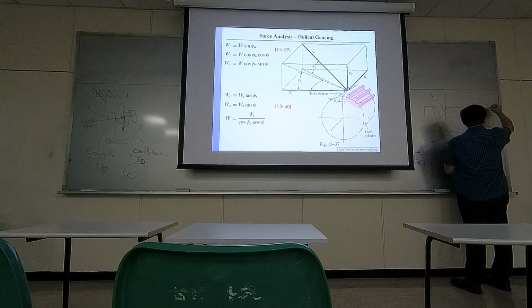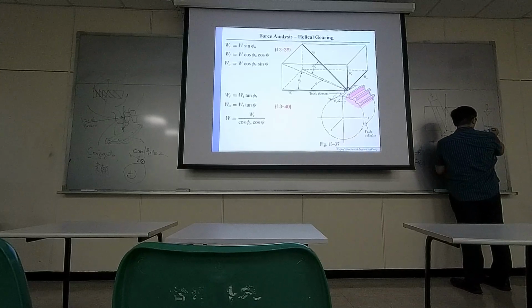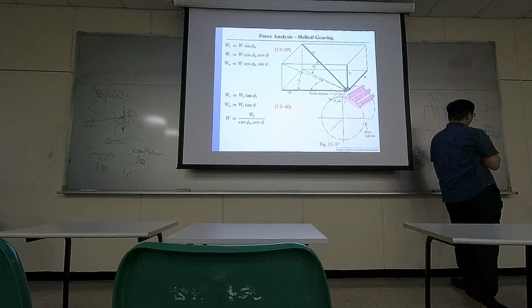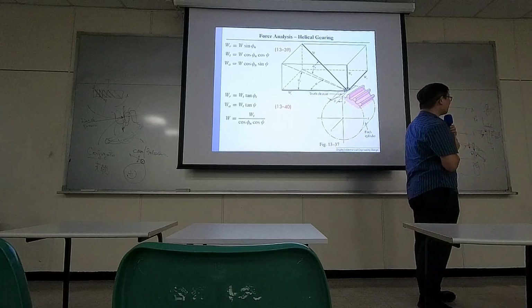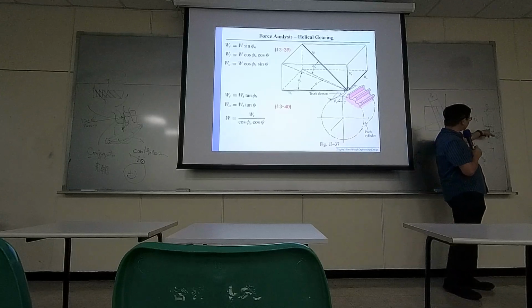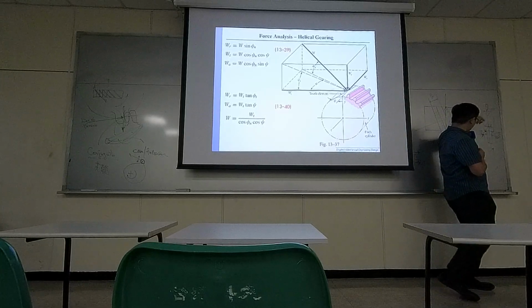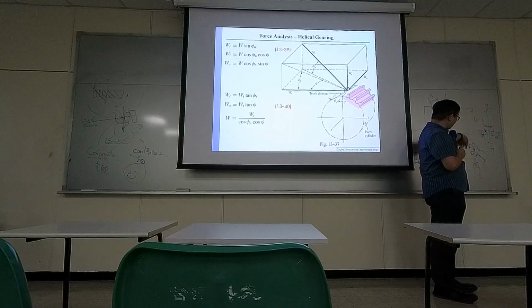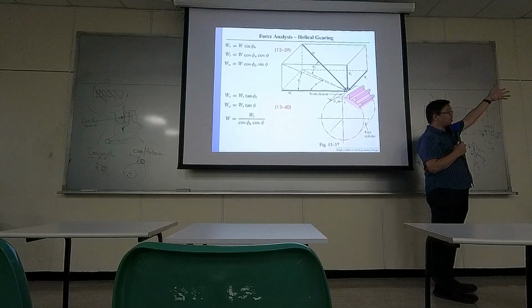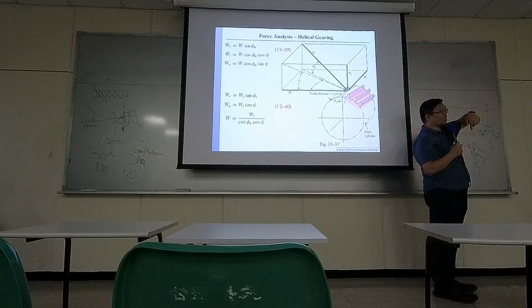If you have some weight coming down, the force will be applied from this small surface from here, applied to the bearing, and then you have reaction forces coming here. So the bearing itself is being clamped, right? If you have a design like this vertically, you not only need to carry the weight of the shaft, you may also need to carry the vertical force coming from the other side of the helical gear. So it's actually an extra load coming down.